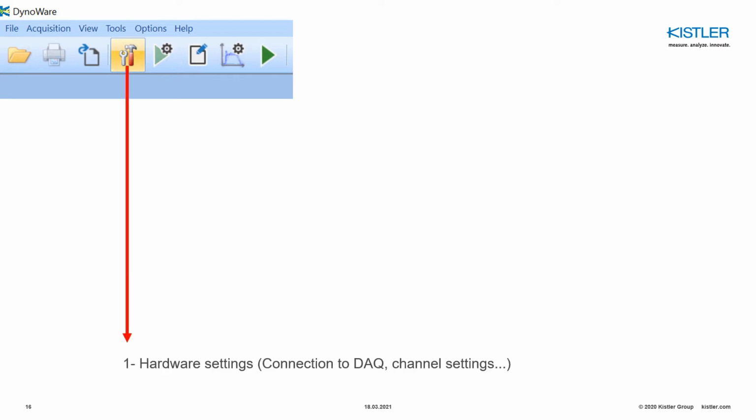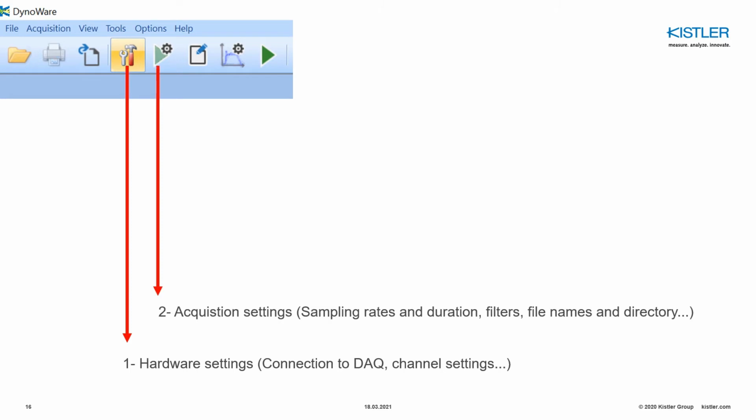In this slide, I will show you the main steps that we will follow while setting up and using our Dynoware. We will start with the hardware settings, where we will make the connection to our data acquisition system and make the channel settings. Then we will move into acquisition settings, where we will enter the sampling rates, the sampling time, the filters, file names, and directories that we will save our files into.